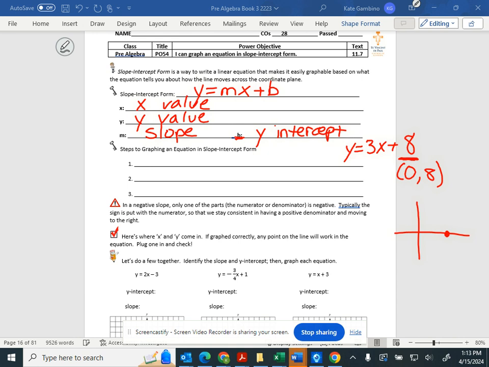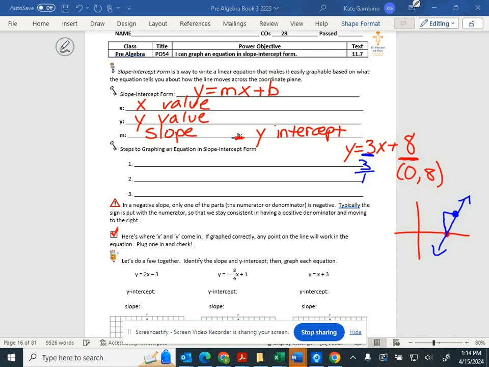Damien? Oh. I use the slope. Okay. So remember, if my slope is 3, what is my rise over run, Grayson? 3 over 1. So I go up 3 over 1. And then I draw my line.